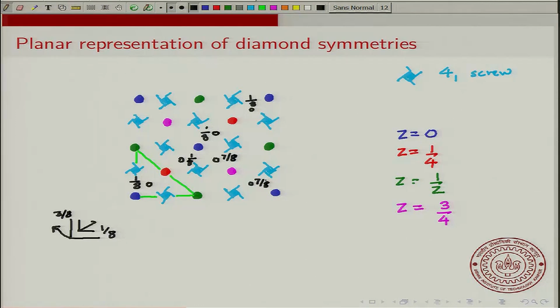Okay. There will be inversion centers located here and here, and similarly there will be inversion centers located here and here. These will be at a distance of 3/8 and these will be located at a distance of 5/8.